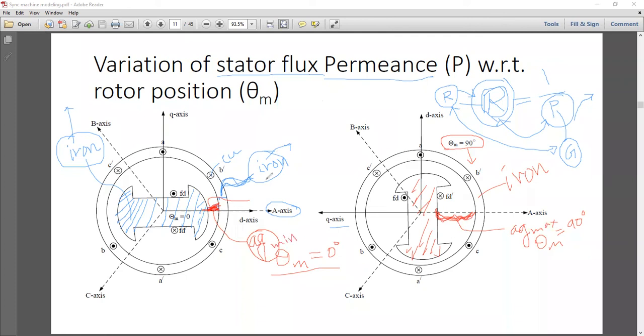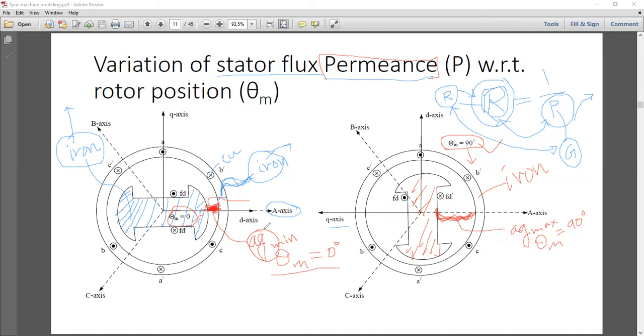So that's why we have intentionally taken these two instances of the rotor position: one is theta m equals 0 and another one is theta m equals 90. Theta m equals 0 provides us the minimum air gap. What about the permeance? In which case is the permeance higher and in which case is it lower?